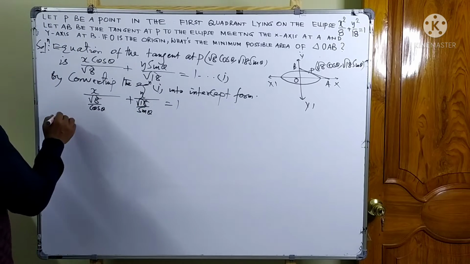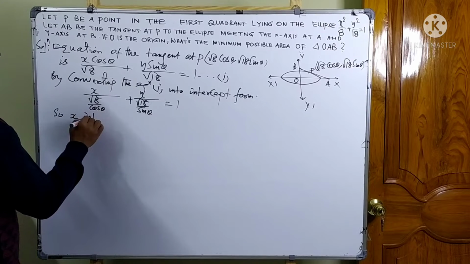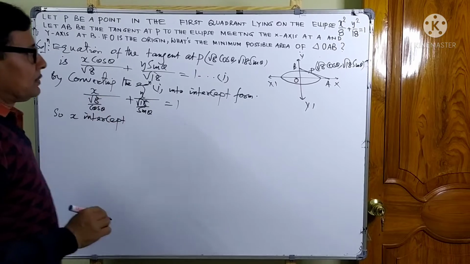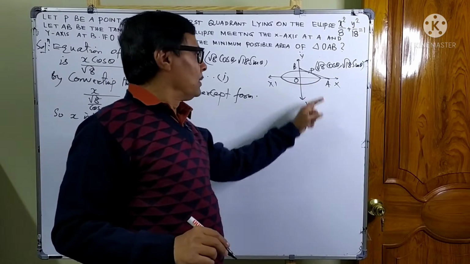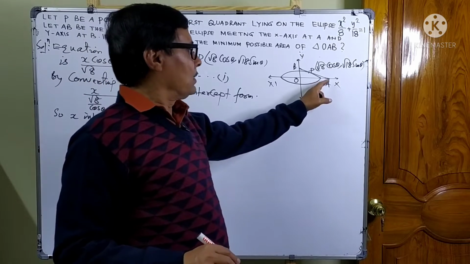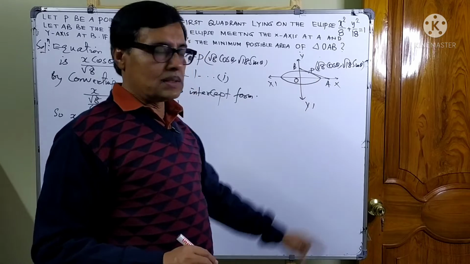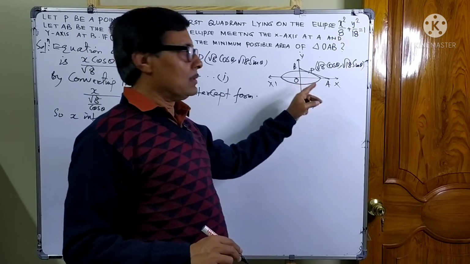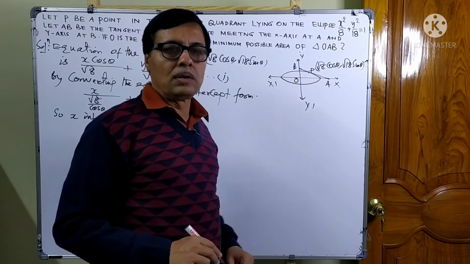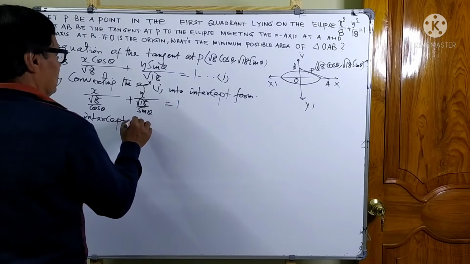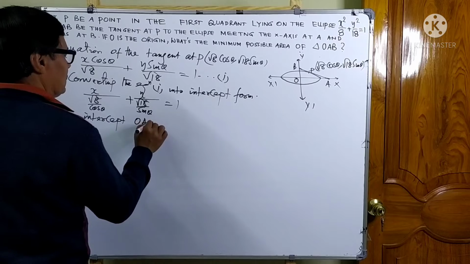So the x intercept is the length of OA. Here A is the point of intersection of the tangent and the x axis, and O is the origin. So the length of OA is called the x intercept.